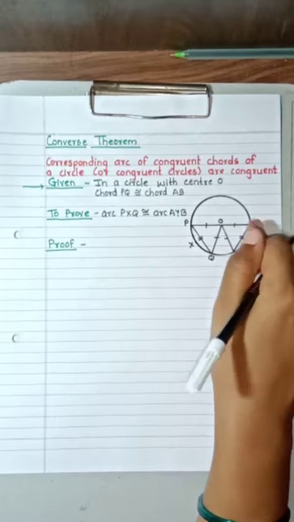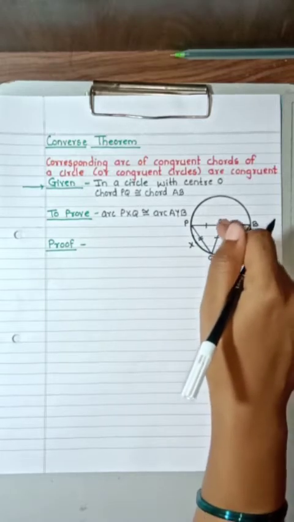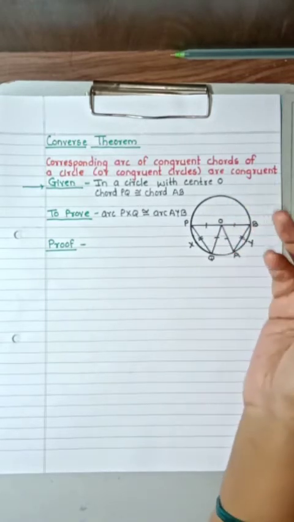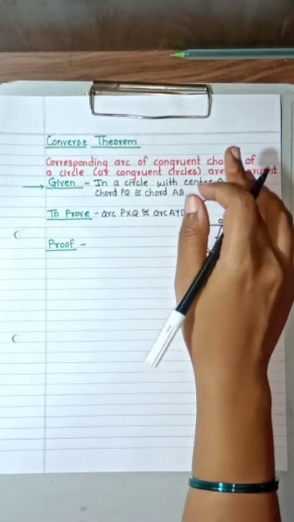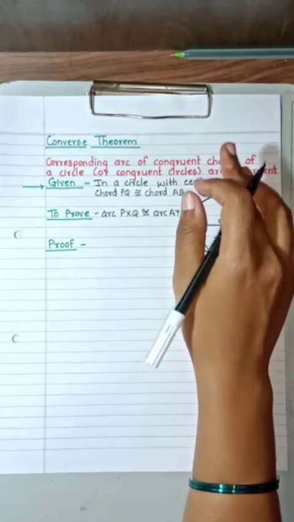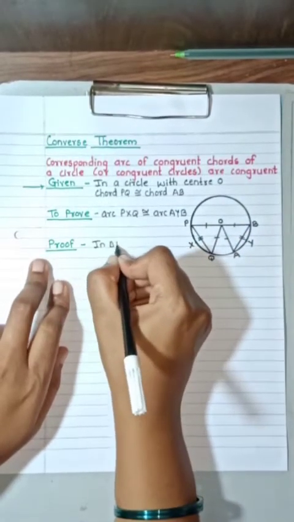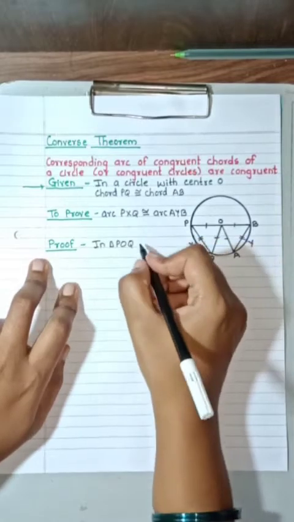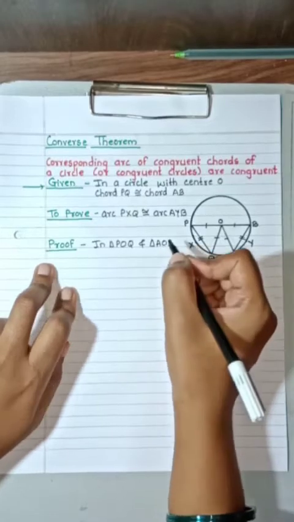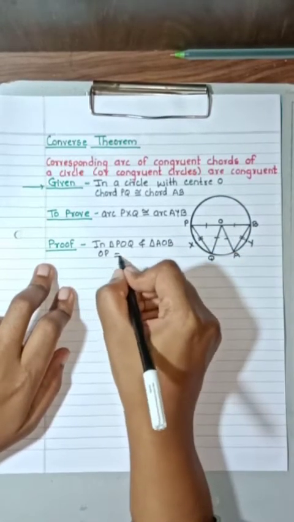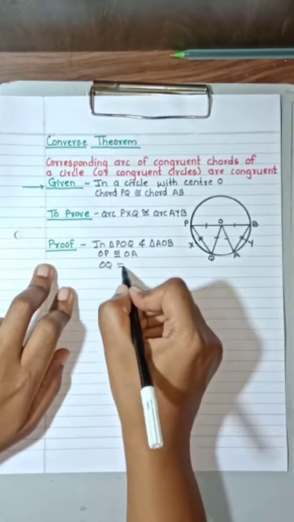Now in this triangle, OP is congruent to OA, that is radii of same circle. Then also you know that OQ is congruent to OB, that is also radii of same circle. I'll write down here, in triangle POQ and triangle AOB, OP is congruent to OA, then OQ is congruent to OB.